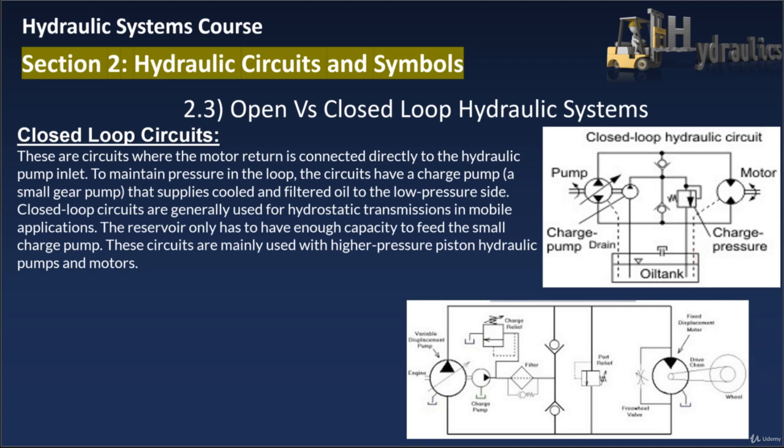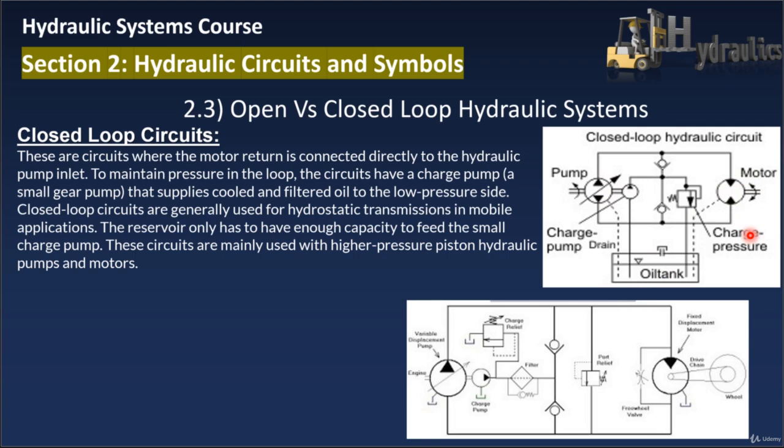Also, in a closed loop hydraulic system, the main hydraulic pump can deliver high pressure fluid from both its ports, and therefore the main pump will control the direction of rotation of any hydraulic motor or actuator. Not like in an open system, where we have a directional control valve. Here the pump itself can rotate in both directions, and hence you can have rotation of the actuator or motor in both directions.